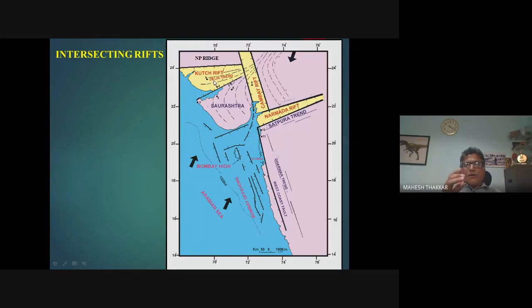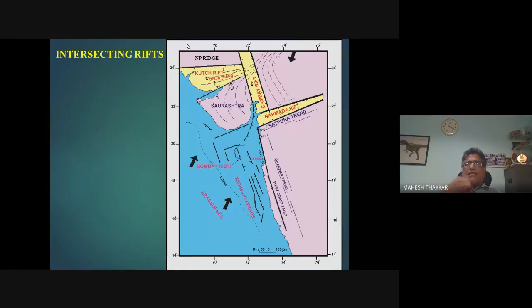Okay, so the origin of the Kachchh Rift basin is very important from the point of view that the Delhi trend made the weaker plane in the western part of the Aravalli Craton.